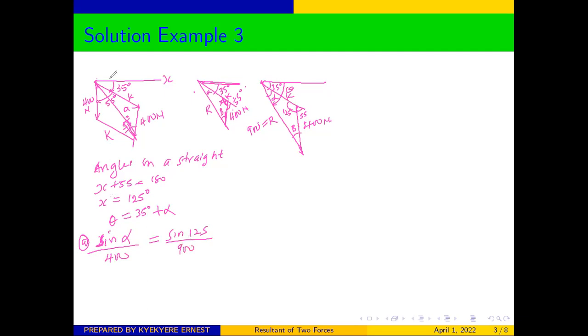And from here, we can make alpha the subject. So sine alpha will be equal to sine 125 over 900 times 400. And from here, our alpha will be equal to the sine inverse of sine 125 over 900 times 400.